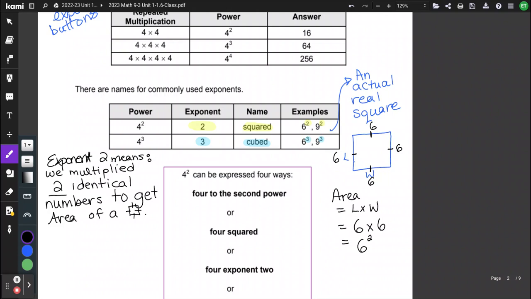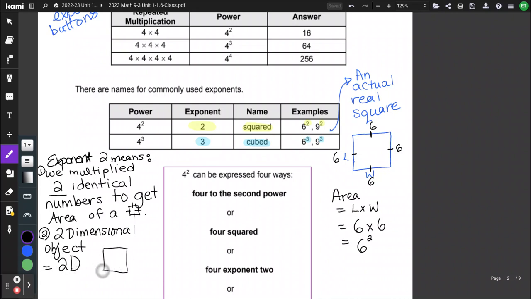So if I'm talking about squared, exponent 2 means we multiplied, so that's the first thing it means, and it also means we're dealing with a two-dimensional object. That's what we're dealing with, a 2D object. So we call that 2D, 2 dimensions.